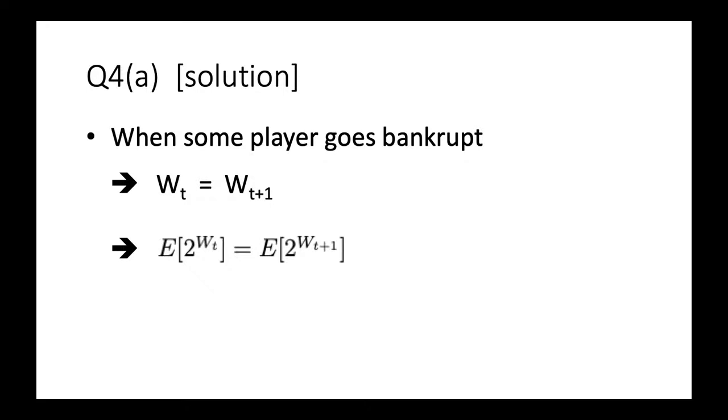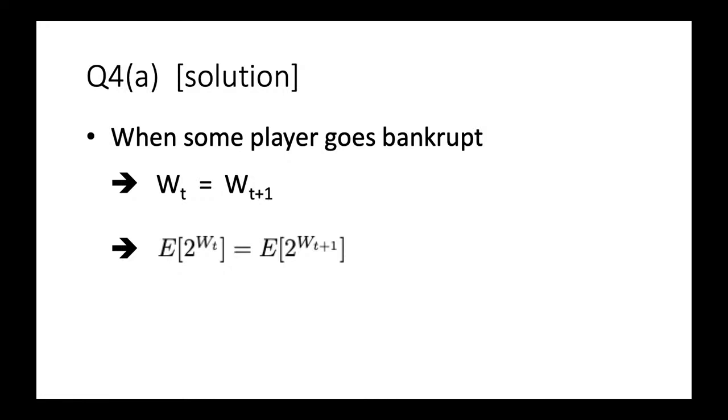Okay, so the first part is, let us discuss this in 2 separate cases. Because we are playing this game until a certain player goes bankrupt and doesn't have any money left. So first of all, when some player goes bankrupt, the winning at time T will be the same as the winning at time T plus 1.